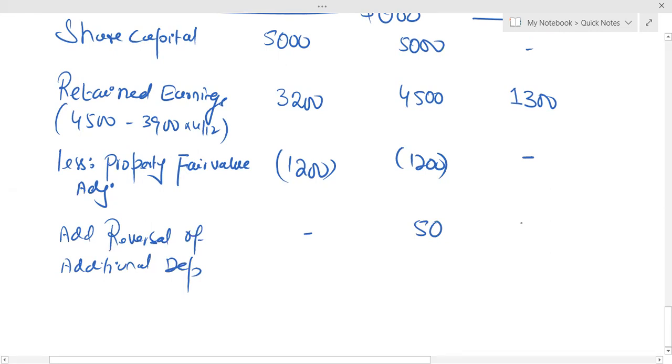So value has decreased. It is not a positive fair value adjustment, it's a negative fair value adjustment in the depreciable asset. So now there will be a reversal of additional depreciation. If the fair value adjustment was positive, then we would have written 1,200 in positive, and then we would have deducted additional depreciation 50. Since the fair value adjustment is decreased, that is in negative, the depreciation amount will be in positive.